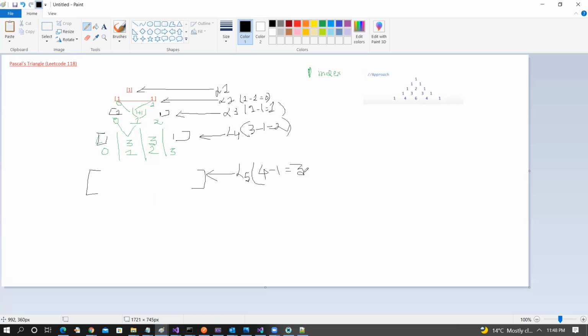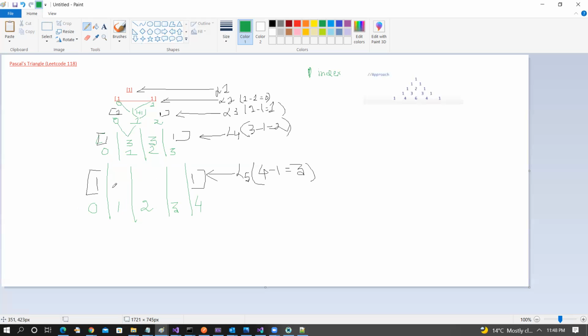So 3 value will reside in between the extreme 2 values. So if I change my color again, and I'm trying to put over index here, so it is going to be 0th index, it is going to be first index, it is going to be second index, it is going to be third index. I just forgot to bring over here, it is going to be a fourth index.